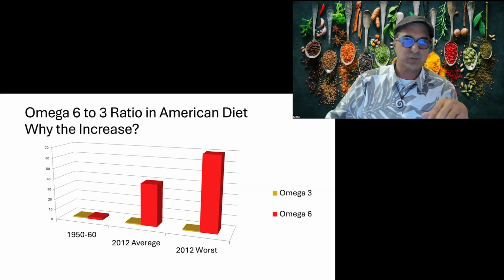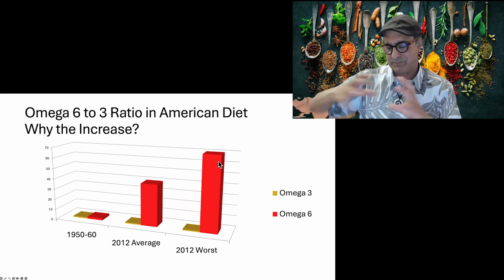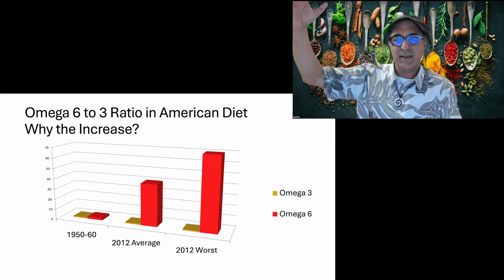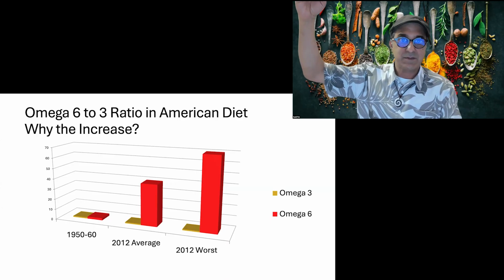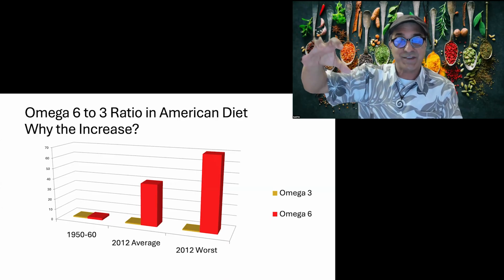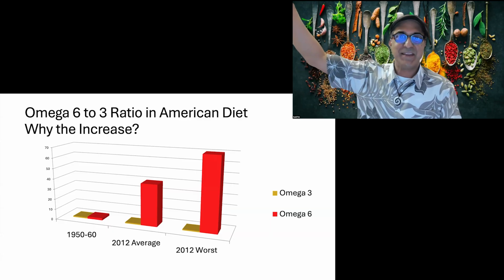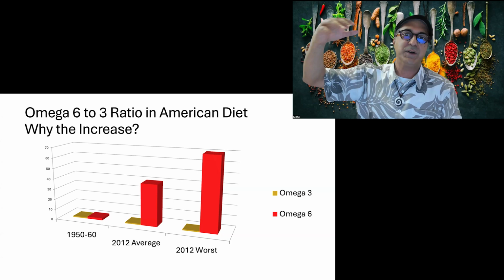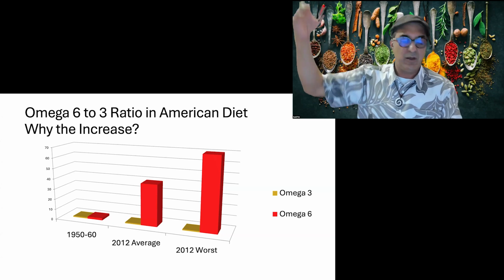And that's the average. Looking at some of the worst states in the United States, it was up to 70 times, right? There are some states where people are double frying everything and eating high animal protein diets, so omega-6 is all they're getting.